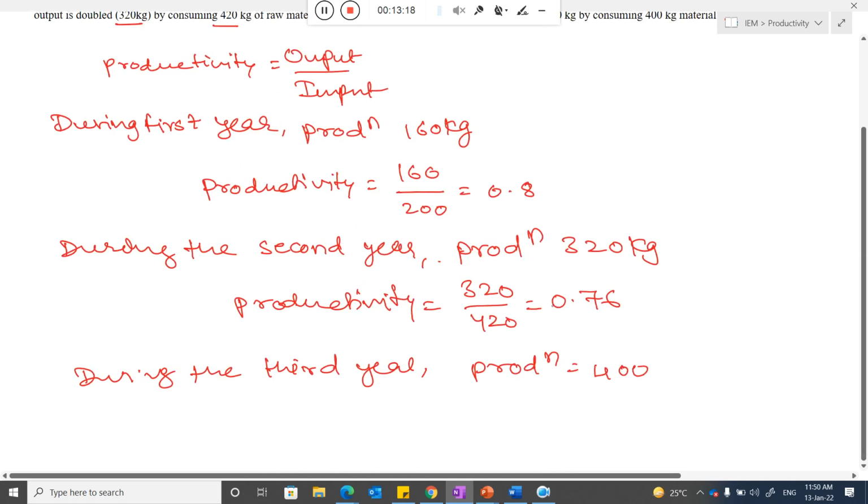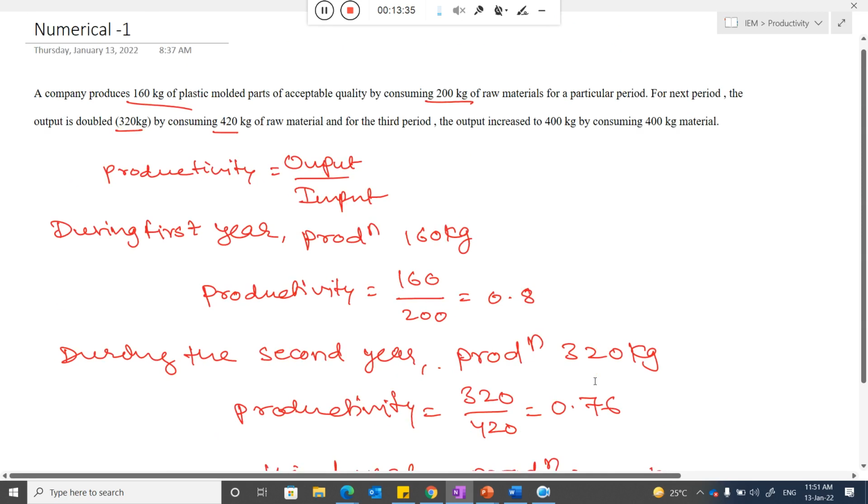So the productivity is equal to 400 output over 400 input, equal to 1, right? So that is how to calculate the productivity.